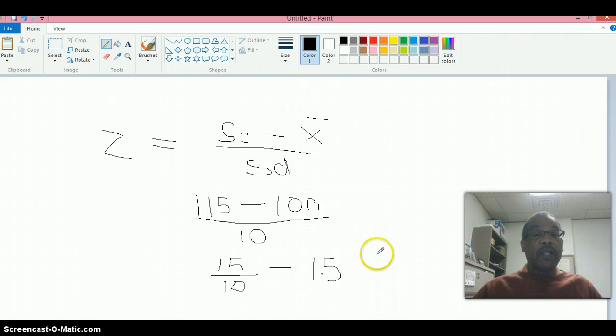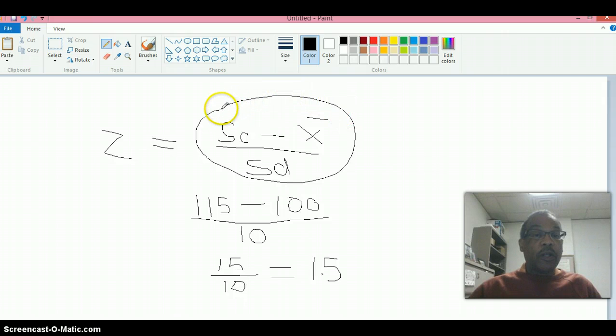So take a minute and look at that and just make sure that you understand where we got everything from. We're using this formula to find the standard score, and the formula tells us we need a score, we subtract the mean from it, and then we divide by the standard deviation.